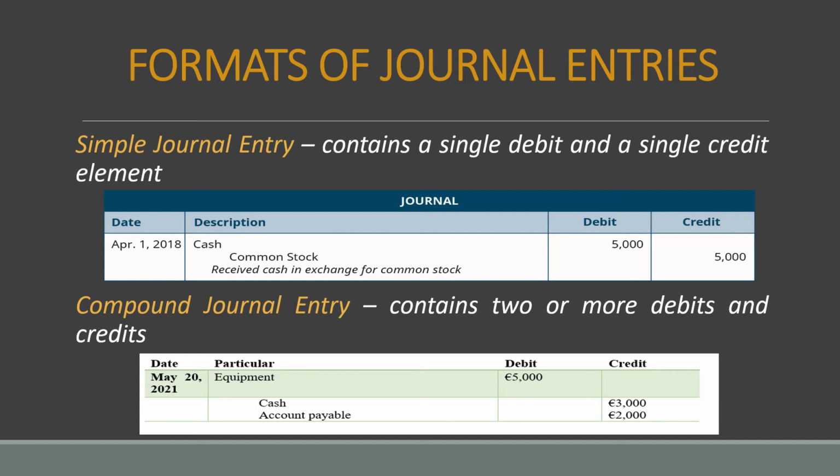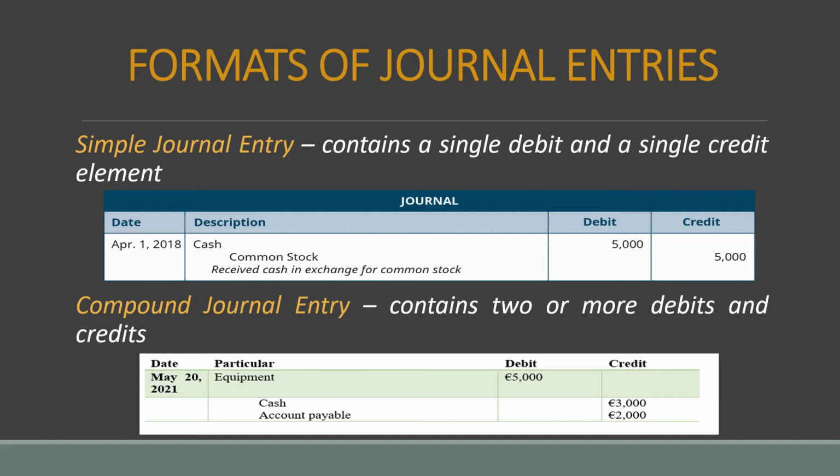So, as you can see on this example, meron lang isang single debit na affected and then merong single credit na account na affected. So, yan yung tinatawag nating simple journal entry. May isang debit, and then may isang credit account. Pero make sure that the total debit amount and credit amount is always equal.